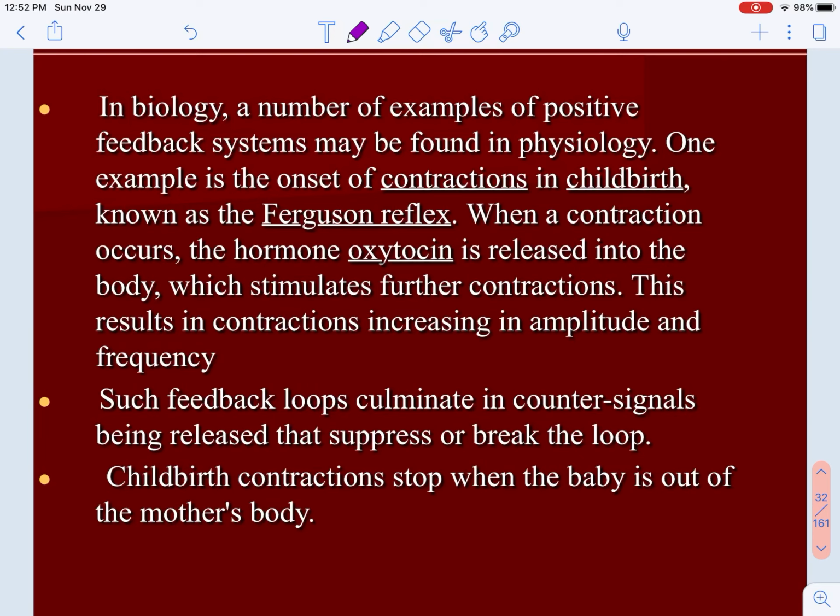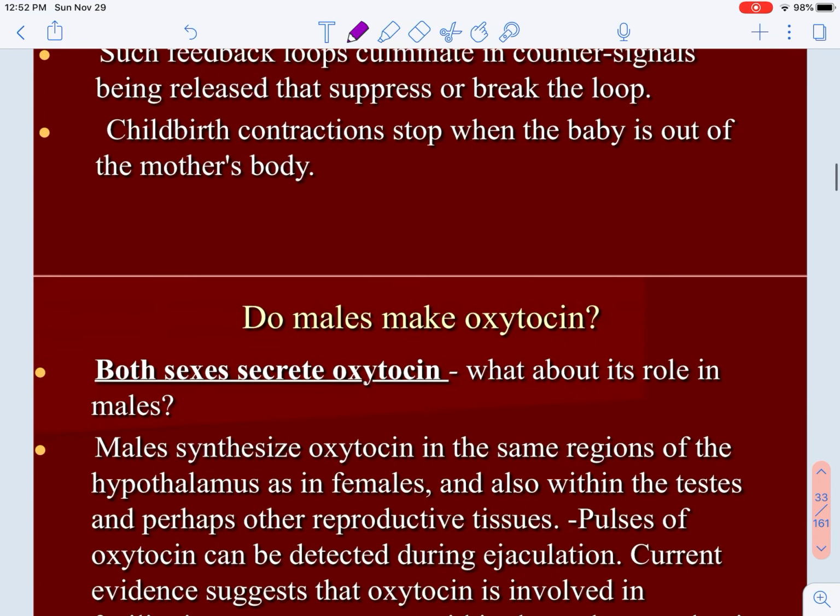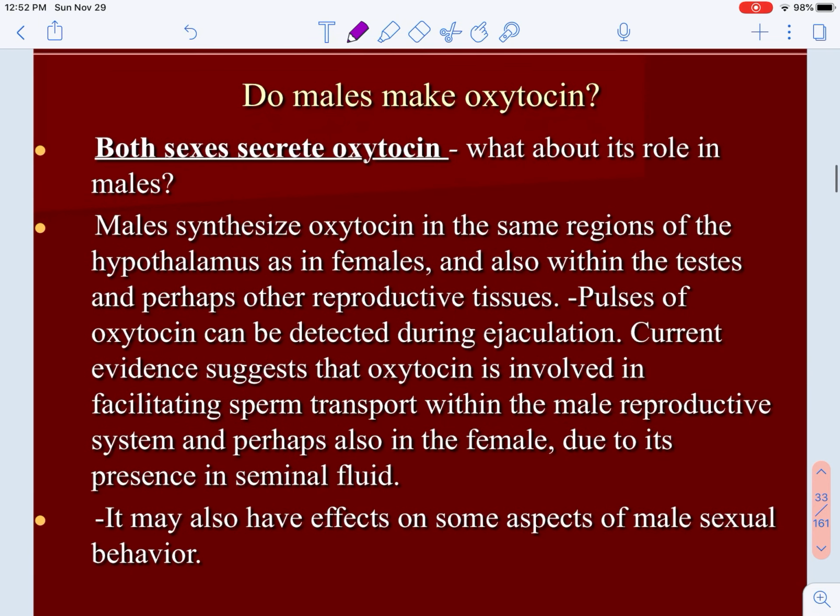Those uterine contractions don't just get done and stop, they will actually accelerate and get more frequent and stronger until the big event that the baby's born. So when we do this feedback loop, you will notice it's actually a positive feedback loop.